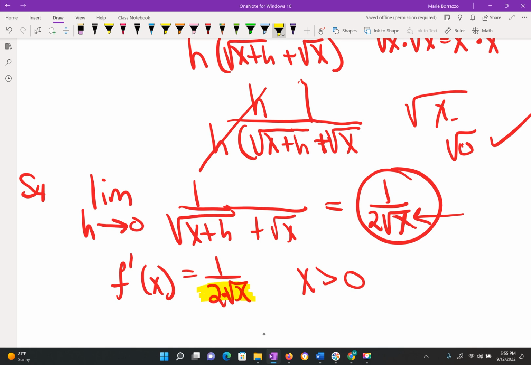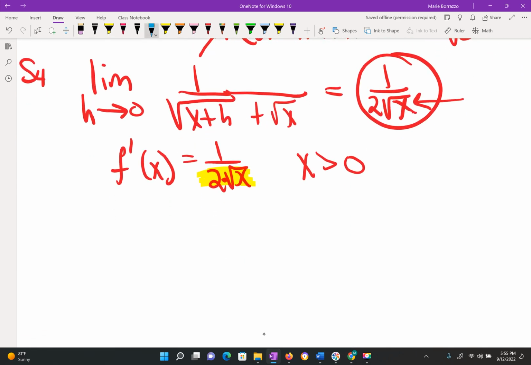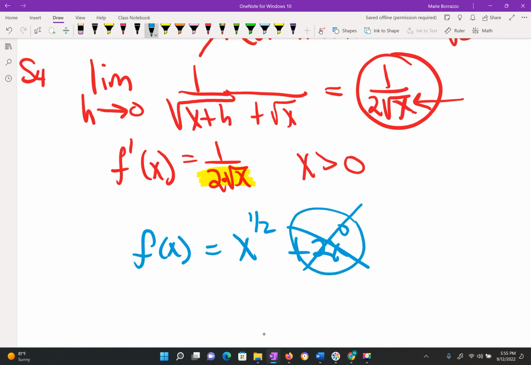You want a shortcut for this step? Sure. Let's try one. So remember, in this step, you have an f of x that is equivalent to x to the 1/2 power plus 2, which is in theory 2x to the 0 power. Here's what we know. This is going to go away, for sure.